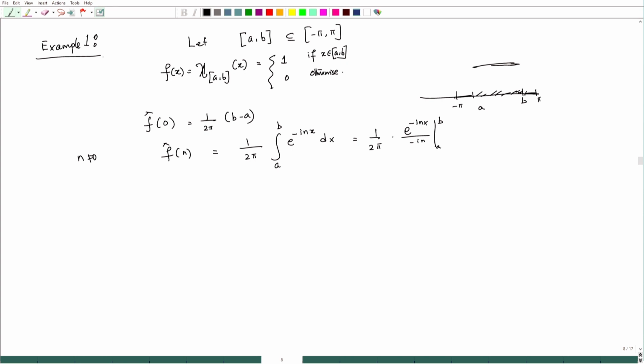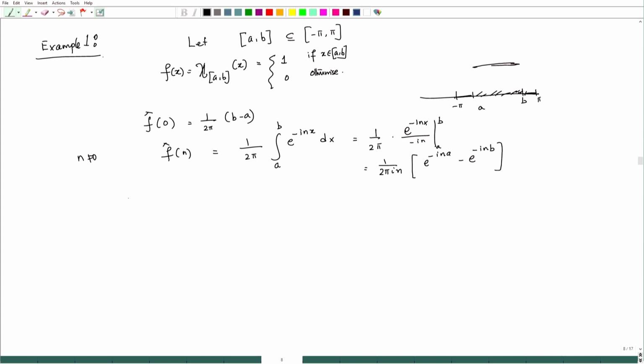So, this is equal to 1 by 2 pi I n, and the negative sign is over there. So, this is e to the power minus I n a minus e to the power minus I n b. That is going to be the Fourier coefficient.